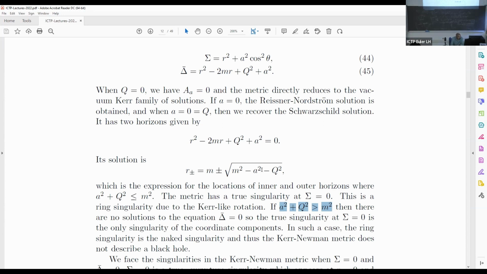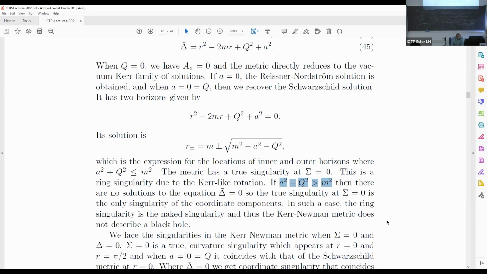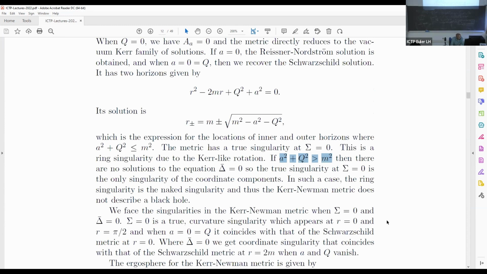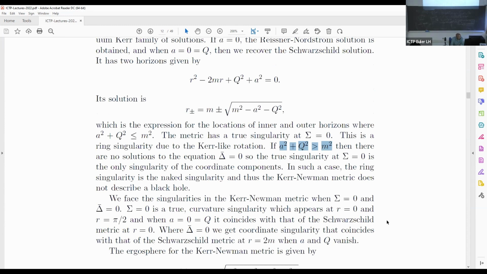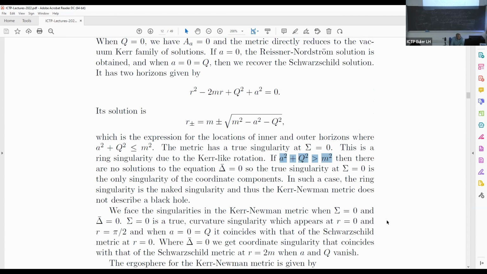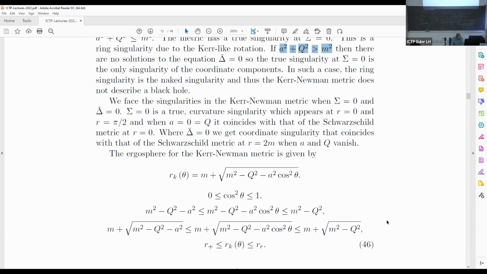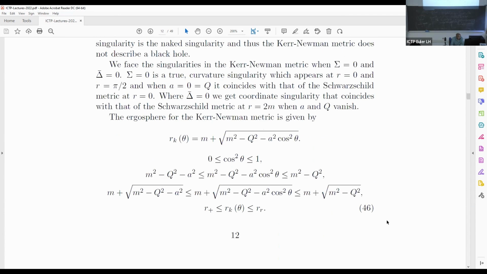If this becomes negative, it's called the extremal case. And yes, this reduces to Schwarzschild when we put a equal to 0 and Q equal to 0. This is the ergosphere for the Kerr-Newman metric.